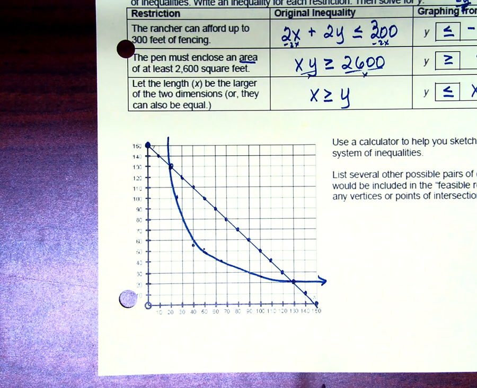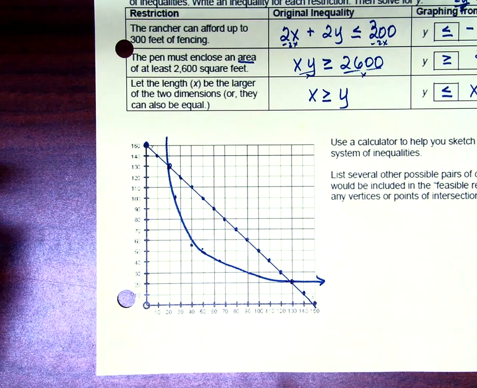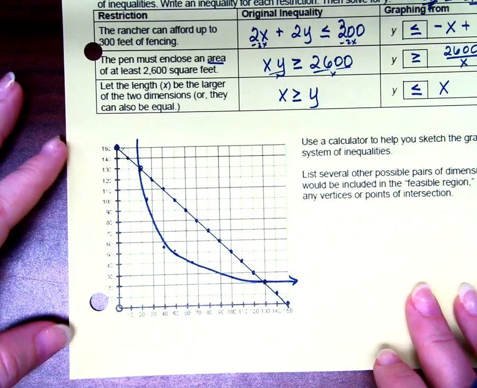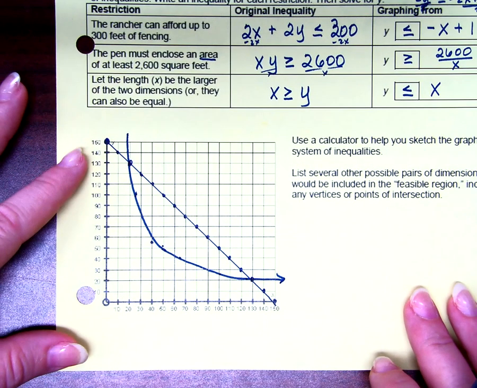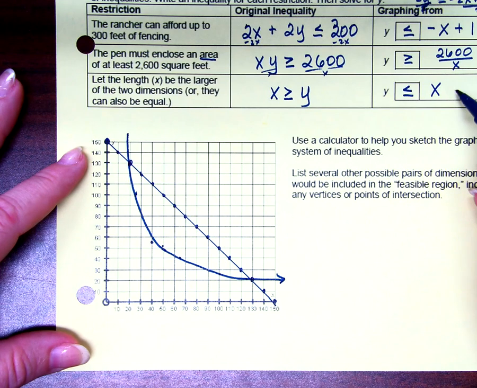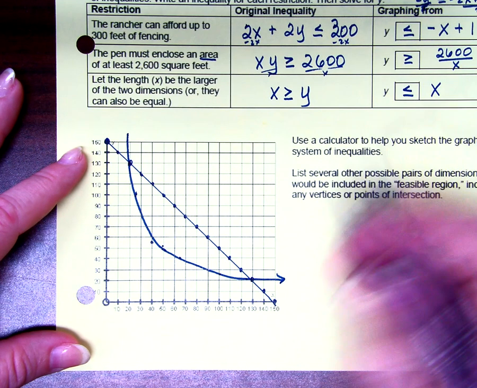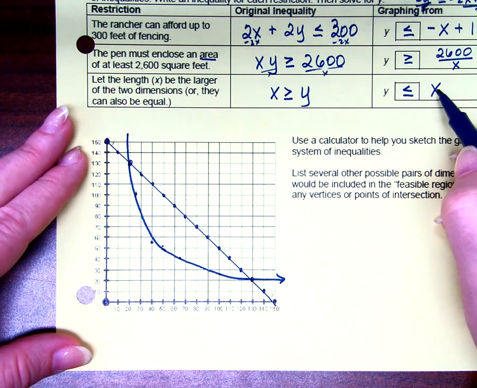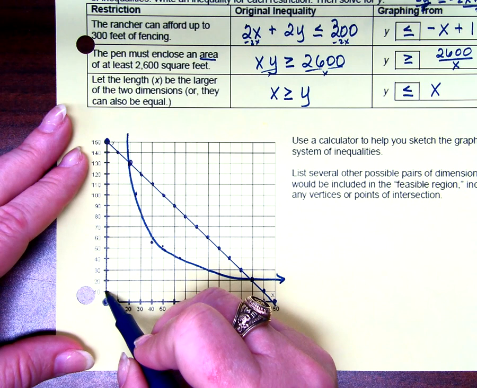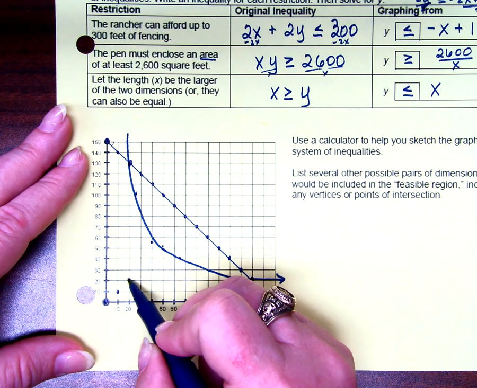All right. And then the last one, how do I graph the last one? That's a line. What's the y-intercept? 0. Rise 1, run 1. Same thing as before. Is it okay if I rise 10, run 10? Okay.